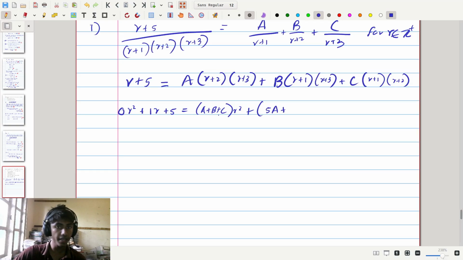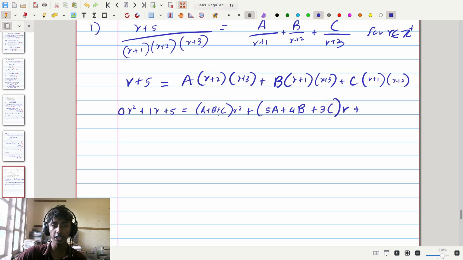Considering b we have b times 1 times r and b times r times 3 for a total of 4br, so plus 4b, and for c we have c times r times 2 and c times 1 times r for a total of 3cr, so plus 3c, all times r.